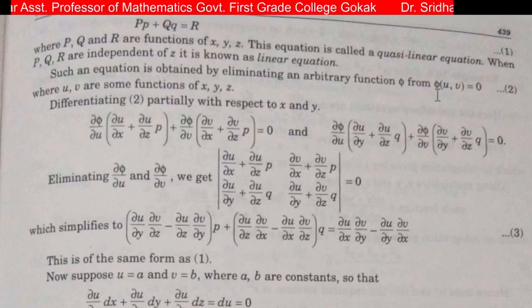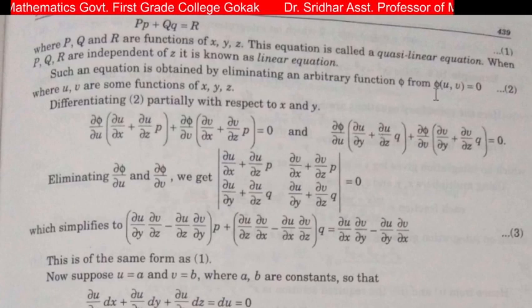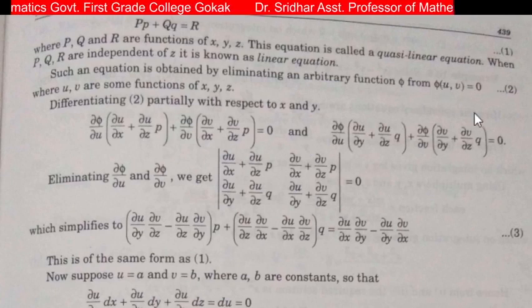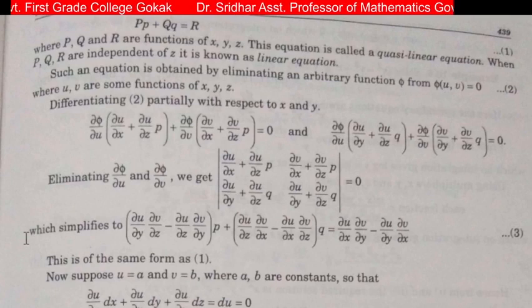Total derivative you have learnt in PUC and in BSc second year, second semester. If phi is a function of u and v, and u and v are functions of x and y, then we differentiate using the total derivative.